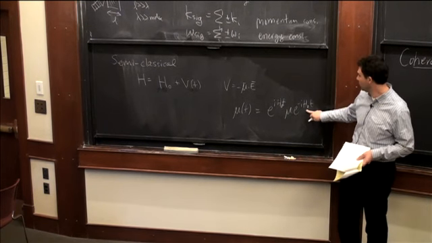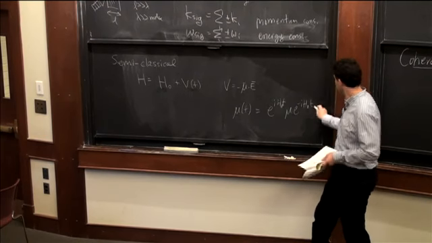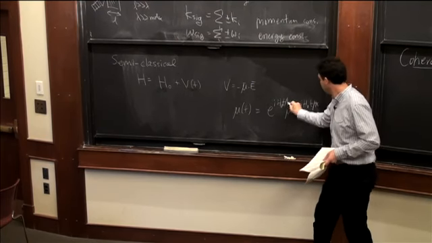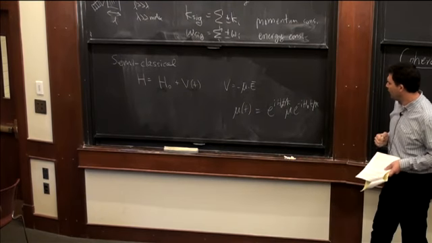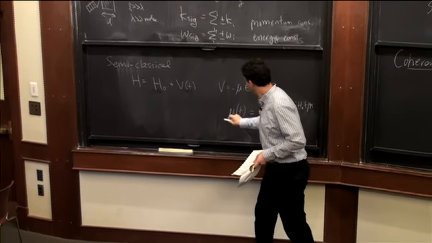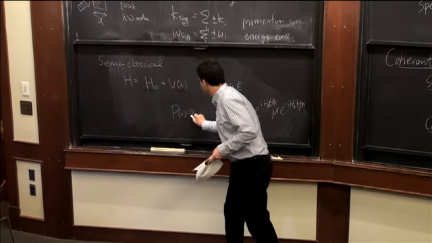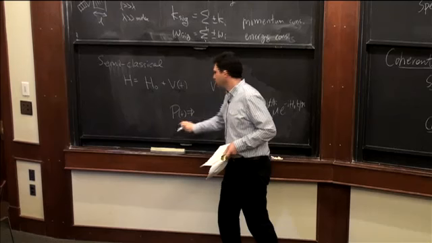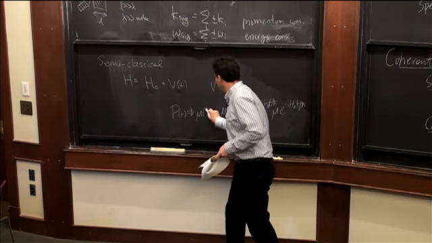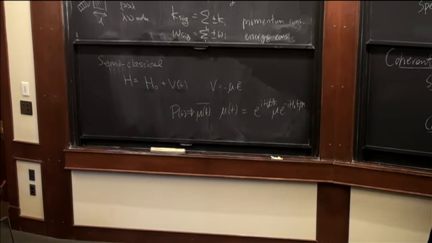I'm particularly forgetful with hbars. And what we are going to do is assume that there's just a direct correlation between the polarization and a non-equilibrium average over the microscopic dipole moment for the system.